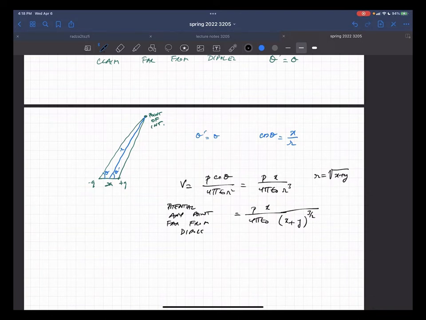And once you have this equation, you can calculate the electric field at any point by taking the derivative of the voltage. The x component of the electric field would be minus the derivative of this voltage with respect to x, and the direction would be i. These are vectors now. The y component of the electric field would be minus dV/dy, and the direction would be j.